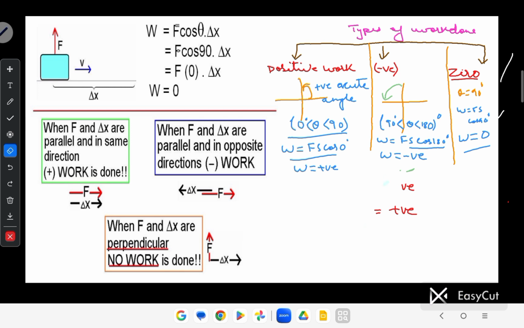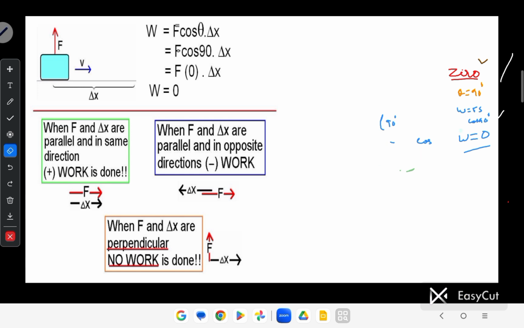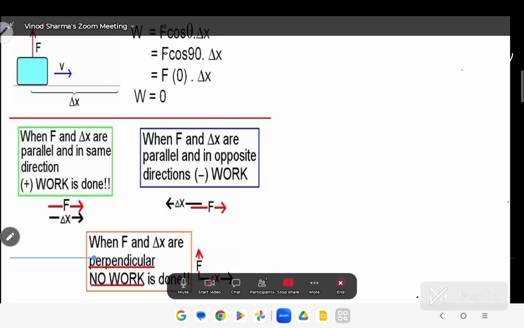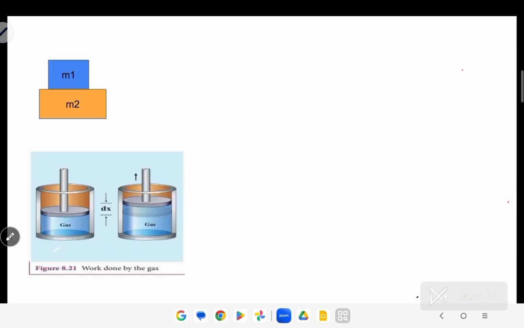Let me rub this first, then we'll move ahead. Here we have got some situation. Suppose here M1 object is kept over M2 object.